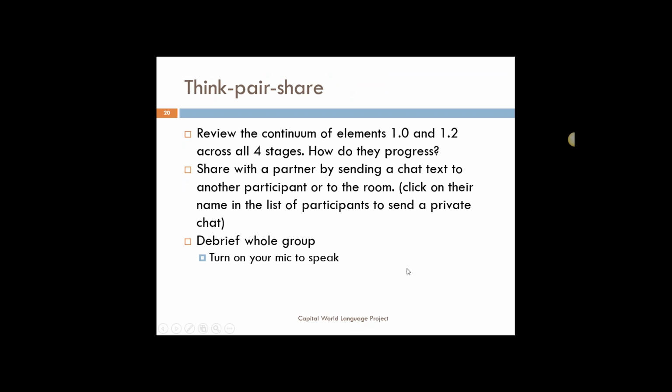So we may be able to think-pair-share, we may not be able to, but take a look at the elements 1.0 and 1.2 across the chart. What's happening as you progress up the stage level? You can either chat a private text to another person in the room, and you do that by clicking on their name in the list of participants. I think you right-click on it, and then we will talk about what's going on.